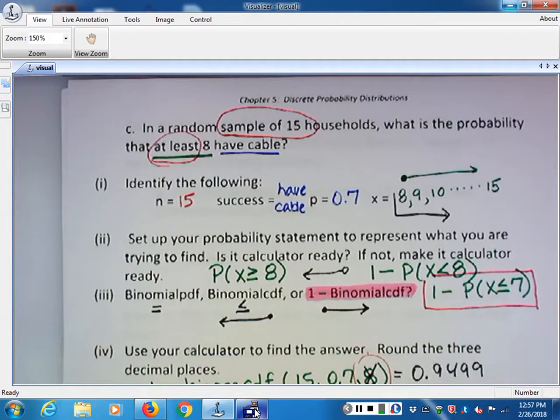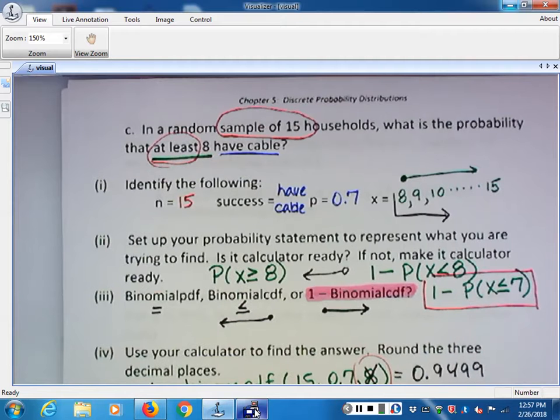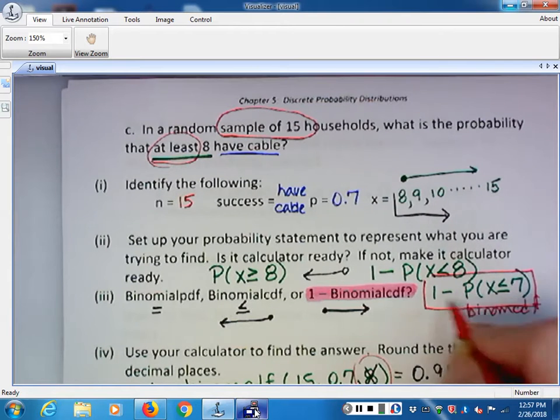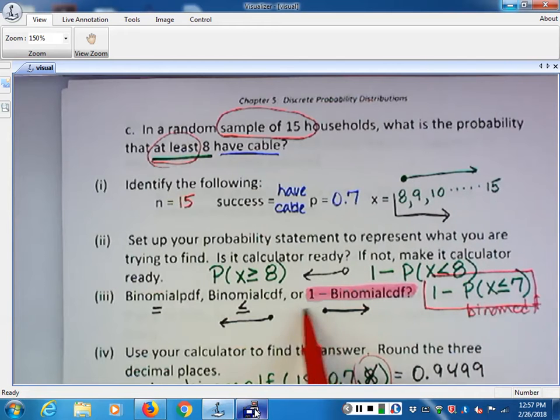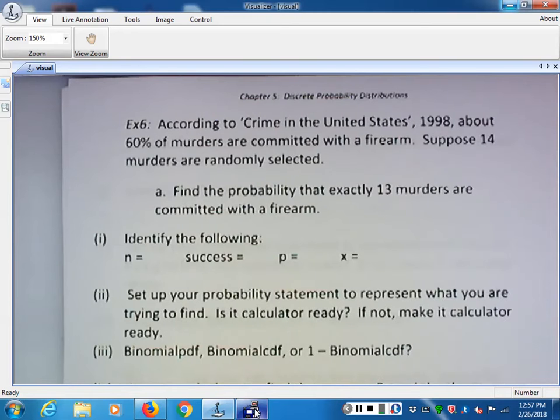Okay? Because this is your binomial CDF part, and that 1 minus is where this is. So let's practice a little bit more, make sure you got it.